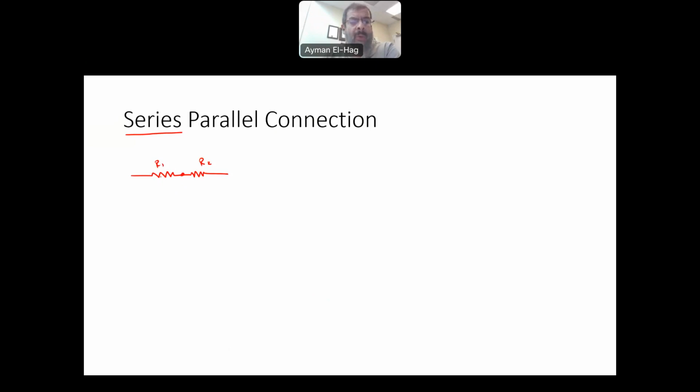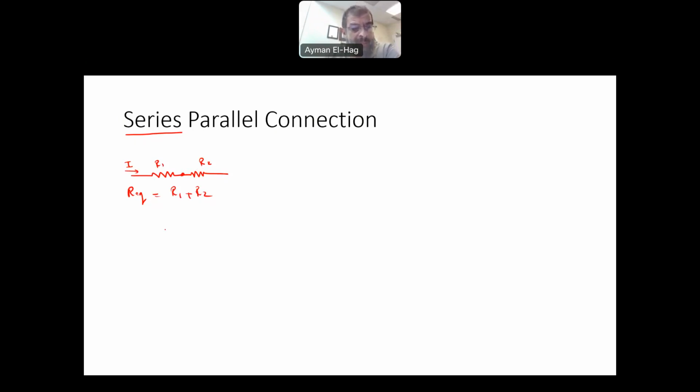Then we say that R1 and R2 are in series. In other words, if there is a current I that goes through R1, it is the same current that will go through R2. And R equivalent for the series is equal to R1 plus R2. And if you have more resistors in series, you just add them.